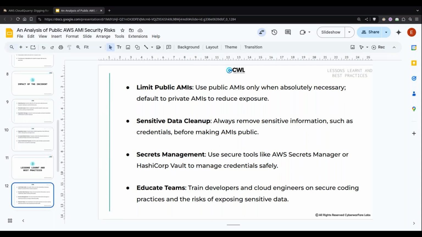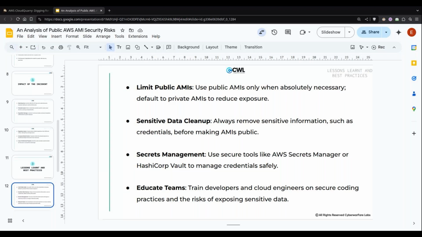So first of all is to limit public AMIs. As I mentioned, AMIs are private by default. Amazon knows this, and they restrict it to private. But due to lack of security awareness, or being careless, these AMIs are made public, and we have to always make sure that sensitive data is cleaned up.